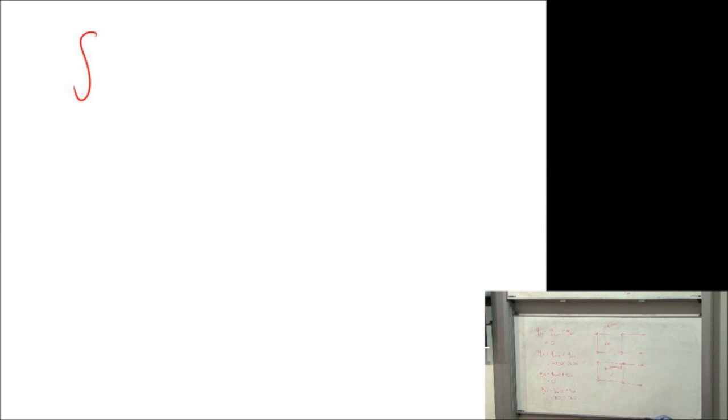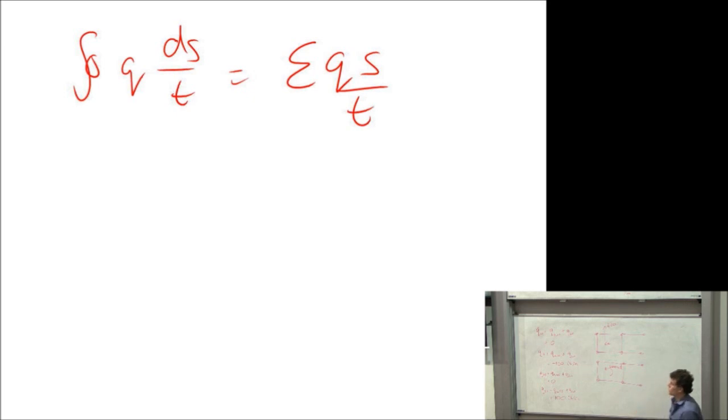Instead of the integral of Q ds on T, we could have it equal the sum of Qs over T, when we've got panels where there's no variation in shear flow as we go across the panel.